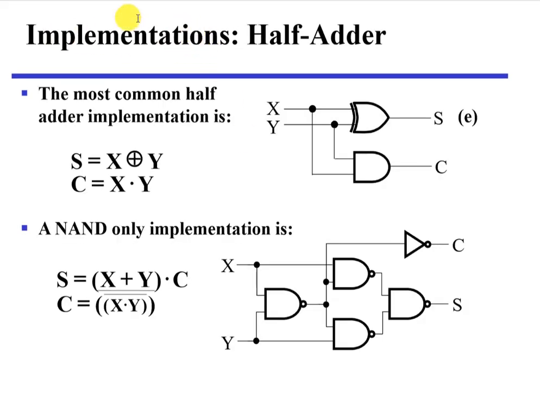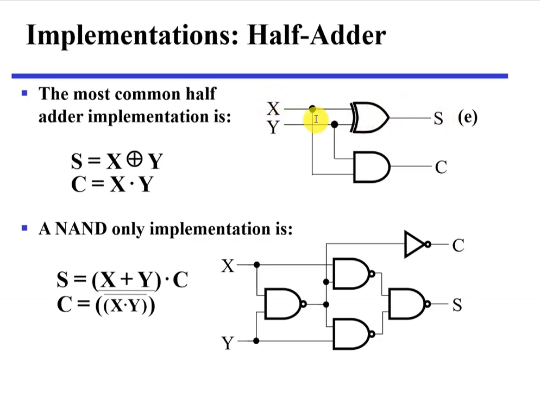Also, when it comes to the implementation, the half adder can be implemented with one exclusive OR gate, as shown here, and one AND gate. So here are the x and y inputs, each 1 bit in length, and this is an exclusive OR operator.